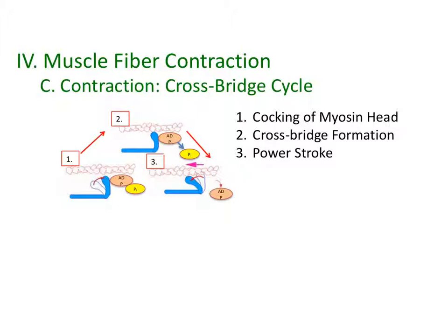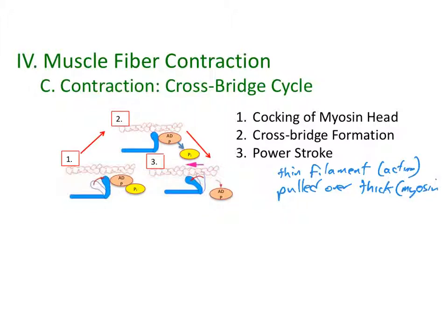Step 3, the power stroke, is where the thin filaments slide over the thick filaments. This thin filament, which again is actin, pulled over thick, which is myosin.